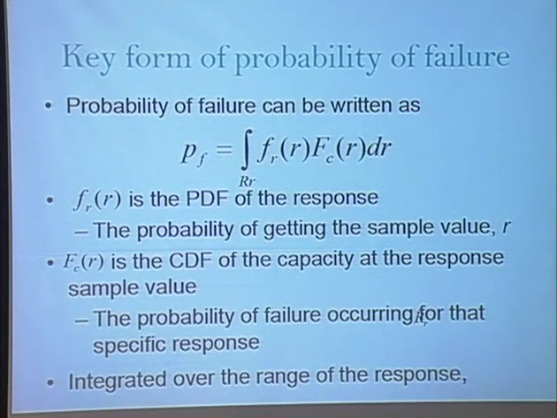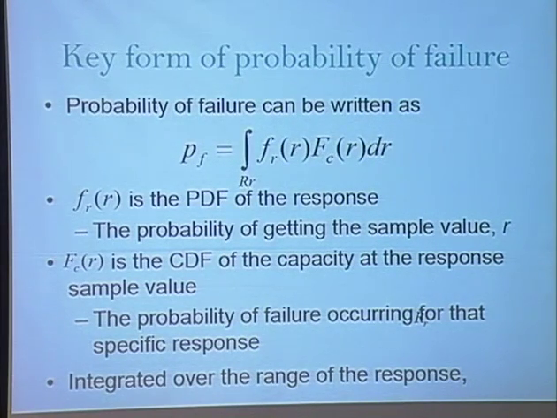So let's say that the response, which is the stress, goes from 80 megapascal to 120 megapascal, and I have a distribution. For each value of the stress between 80 and 120, I'm going to calculate the probability density of the response. And if, for example, the stress is uniform between 80 and 120, then the f would simply be 1/40.